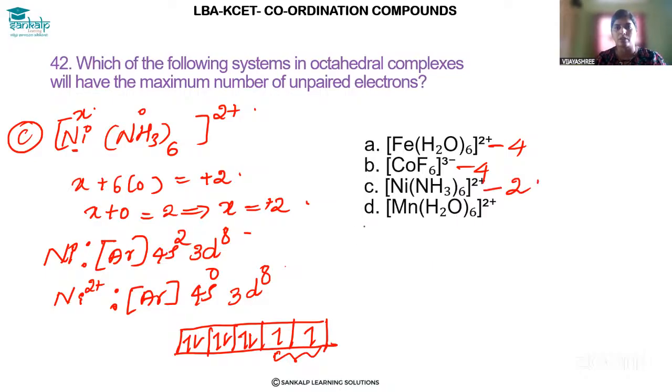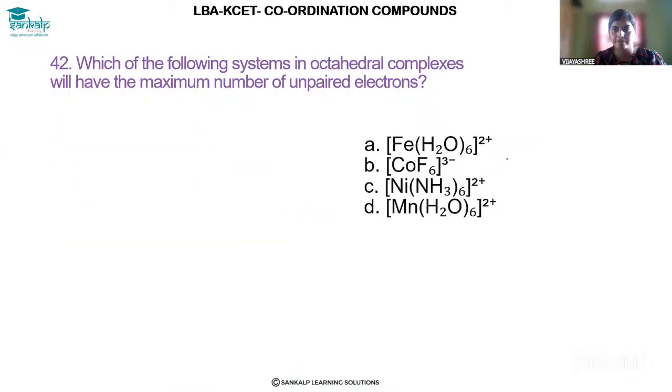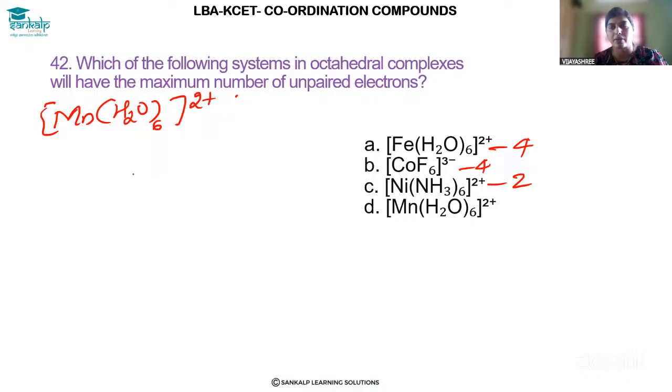Now we will calculate the unpaired electrons in option D. Let us calculate in option D. The compound is Mn(H2O) 6 times 2 plus. So charge over the complex is +2.